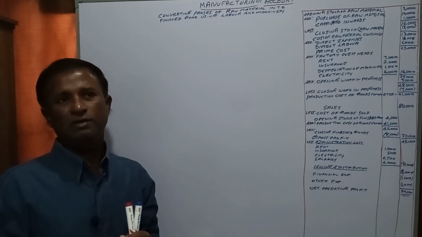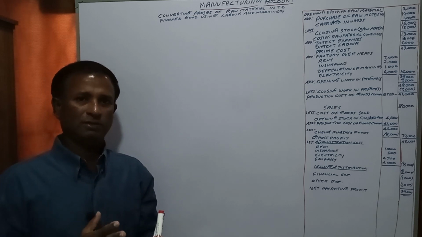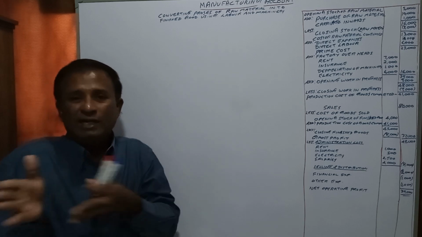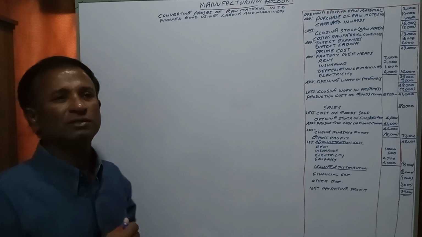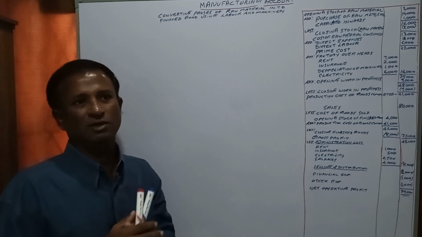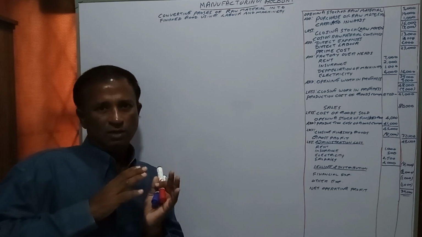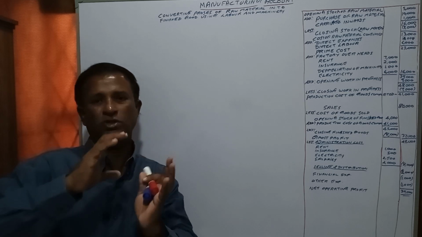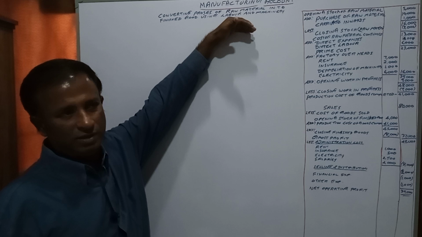Final product using labor and machineries. And thereafter he will sell it to the wholesalers and retailers. His target is producing and selling to the retailer and wholesaler, all right? That is the manufacturer's activity.